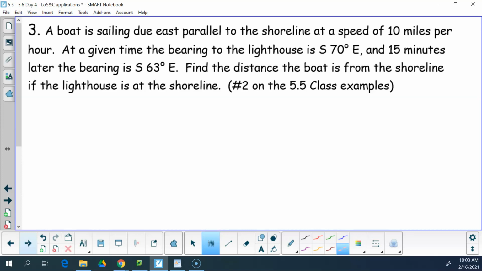Okay? So, a boat is sailing due east, parallel to the shoreline, at a speed of 10 miles per hour. At a given time, the bearing to the lighthouse is south 70 degrees east, and 15 minutes later, the bearing is south 63 degrees east.